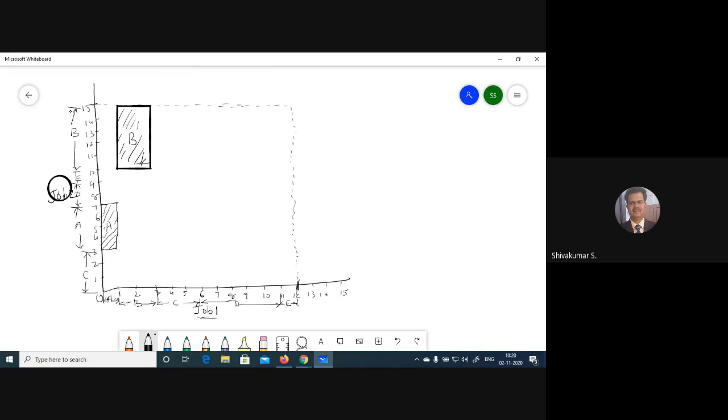Next, similarly C. C is here, C is here and here. So from this point it starts, and from here to here it is C. Mark C in the corresponding places only. And D is here, whereas D is here.